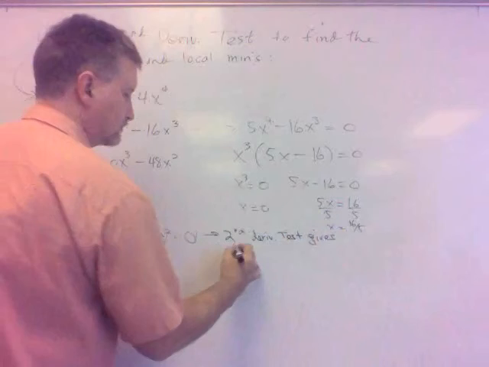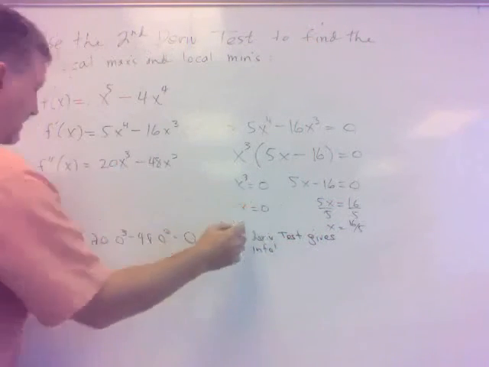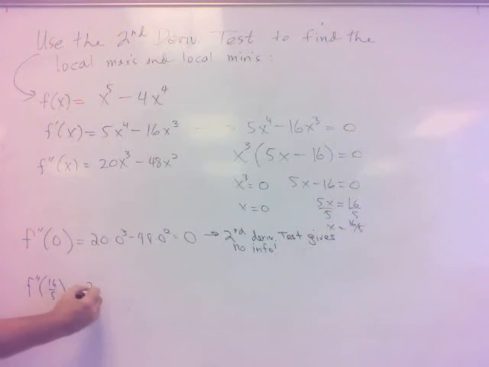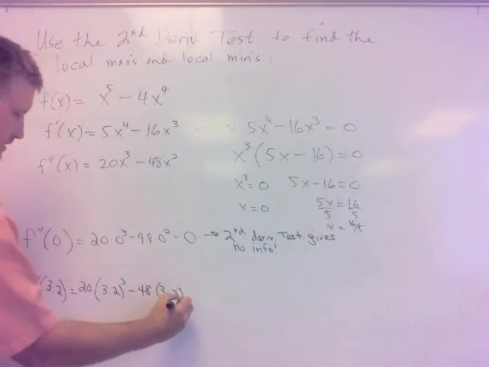So we're going to have to reboot, as they say, on that one. We haven't found out about 0 yet. Let's see if it gives anything for 16/5. It's a pretty nice number, isn't it? 5 into 16 is 3.2. Is that what 16/5 is? All right, so the second derivative at 3.2 does give me some information. This would be 20 times 3.2 cubed minus 48 times 3.2 squared.